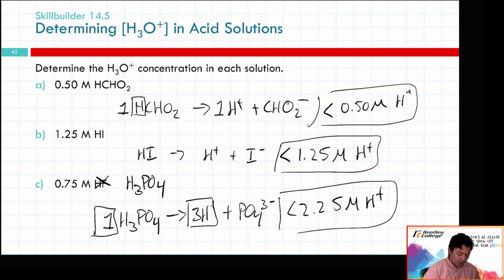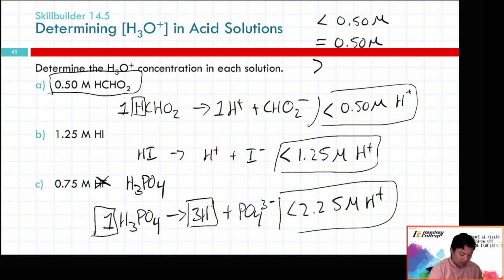Again, the kind of question I would write on the test would be just like this. If I asked you for this, how many hydrogens are in there? The possible answers would be something like less than 0.50 molar, equal to 0.50 molar, or greater than 0.50 molar.